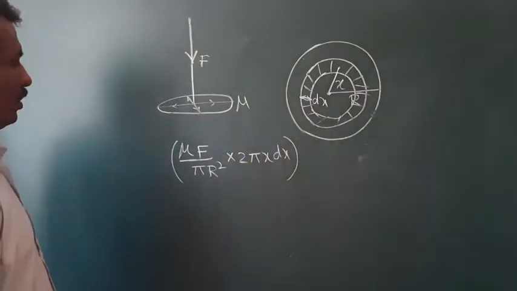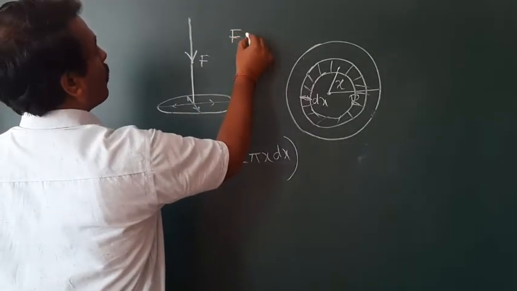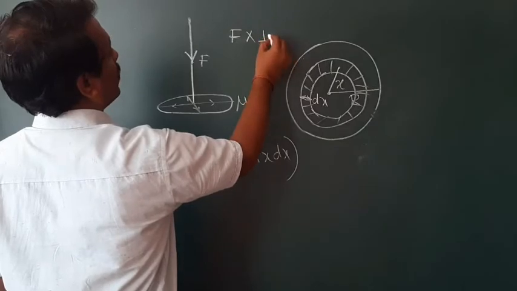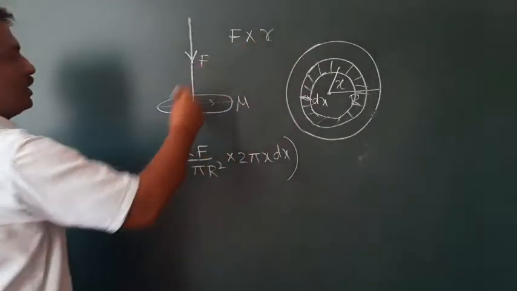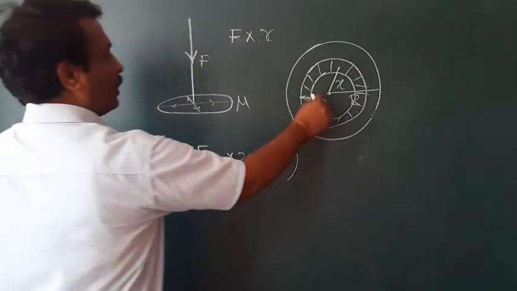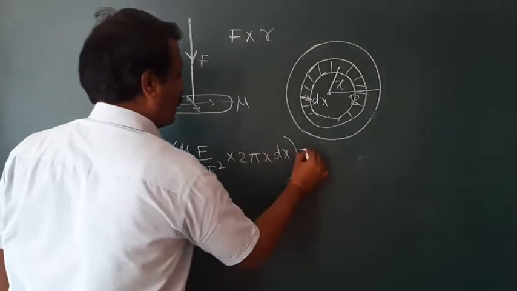You know that torque is given by force into perpendicular distance, right? Or F into R, that is perpendicular distance. So here the distance of this strip is x, therefore I will write into x.